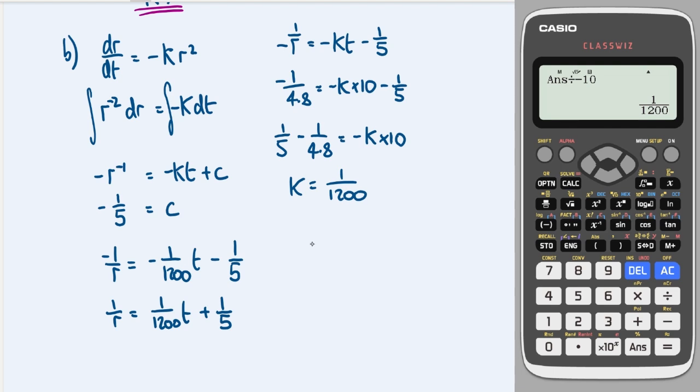So I will get 1 over 4 = 1 over 1200 t + 1 over 5. Times through by 1200, so I get 300 = t + 240. So t is equal to 60.